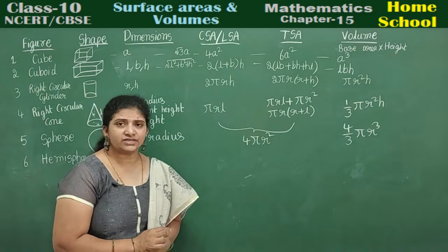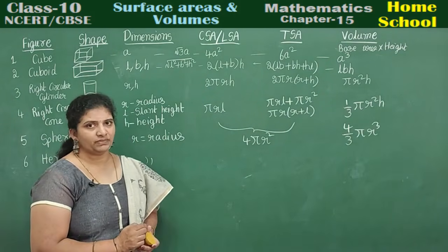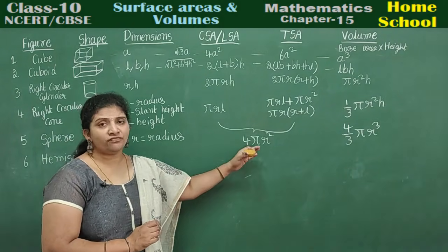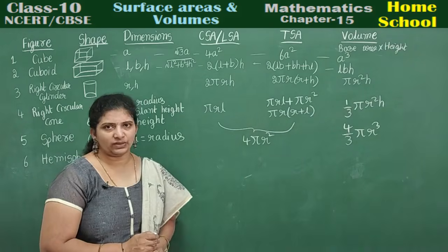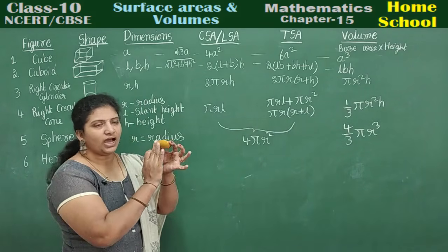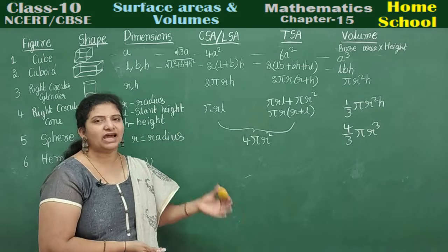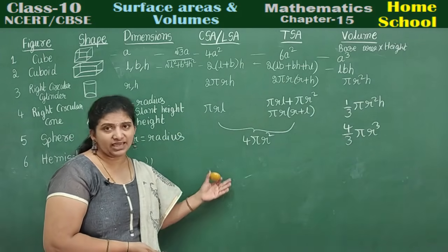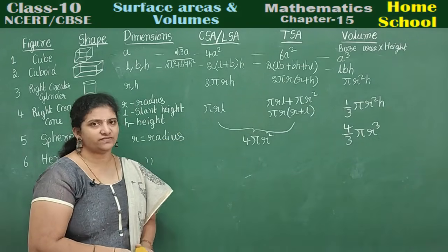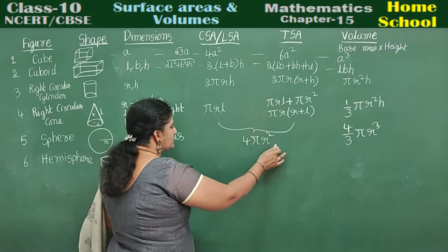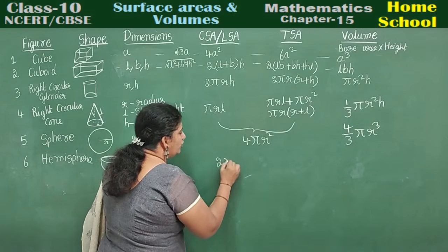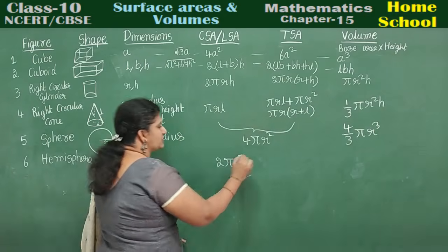What is the curved surface area of a hemisphere? The curved surface area of a sphere is 4 pi r square. When I cut it, the half region will be there. That means half of this is the hemisphere curved surface area. 4 pi r square by 2 will be 2 pi r square.